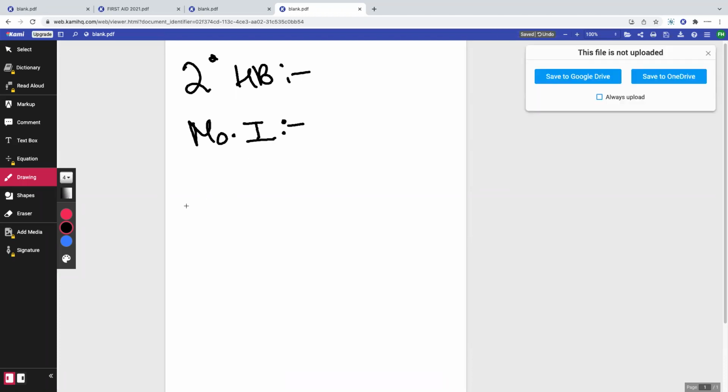Mobitz type 1 heart block is basically this sort of a diagnosis where the PR interval will keep on increasing. This is the P, this is the R, PR. Do you see how the PR of this one is smaller than the PR of this one?